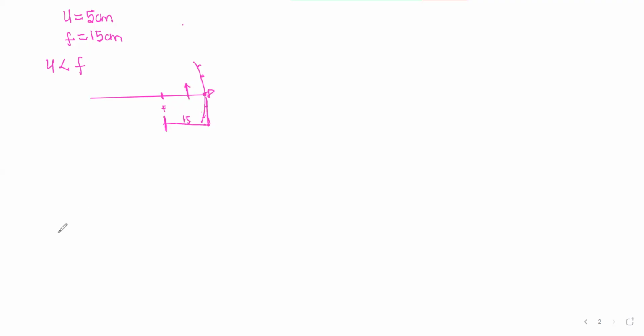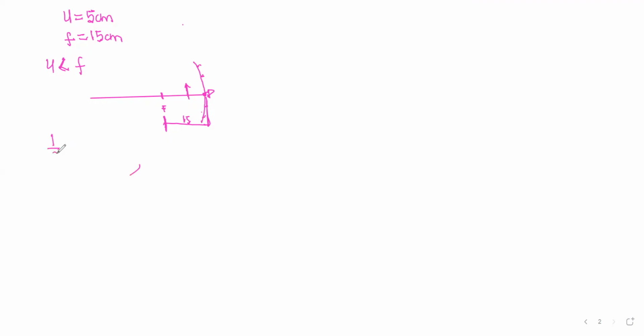It will be between P and F. And by your knowledge of ray diagram, when object is between the pole and F, expected image must be virtual and magnified. So at least you can quickly use this to test the nature of the image even without calculating V. Class, are you okay? Are we okay? Yes, sir.